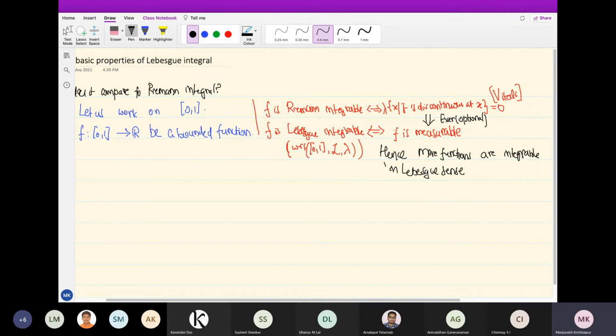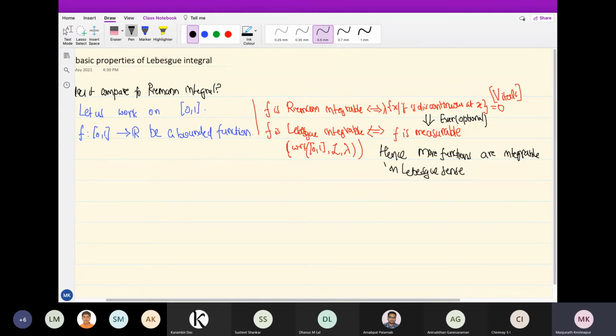It's easy to figure out because the Riemann integral is defined in terms of step functions, right? And then you can use monotone convergence, etc. Step functions are also simple functions. And in fact, that is the next point I'm going to make.